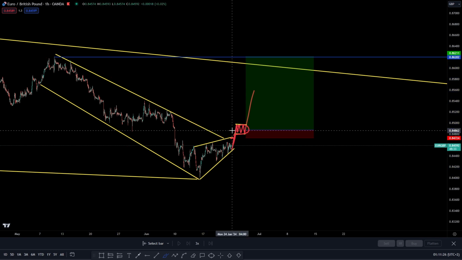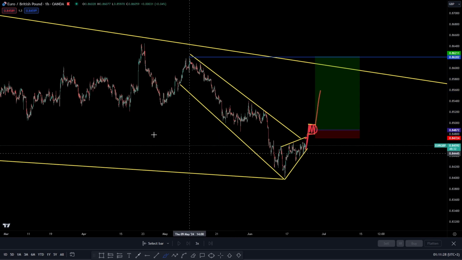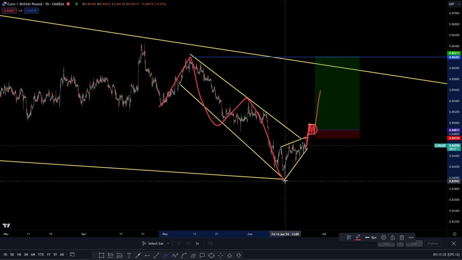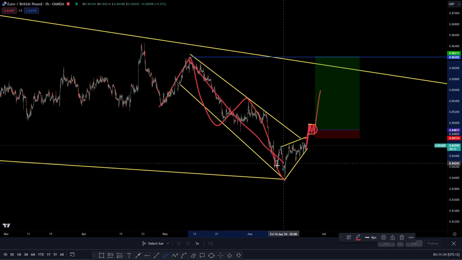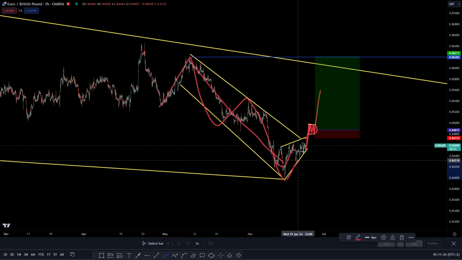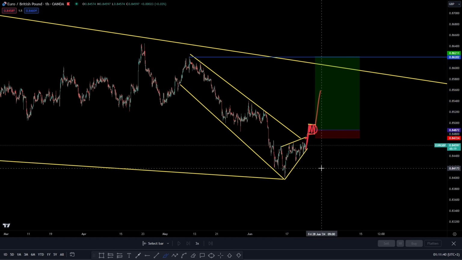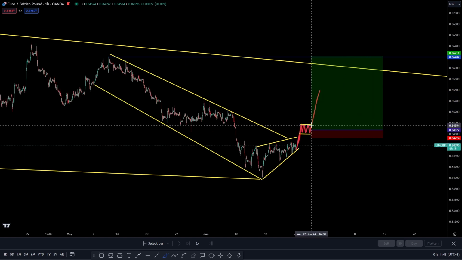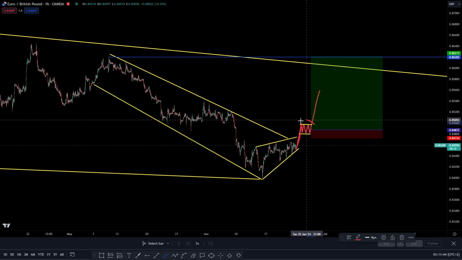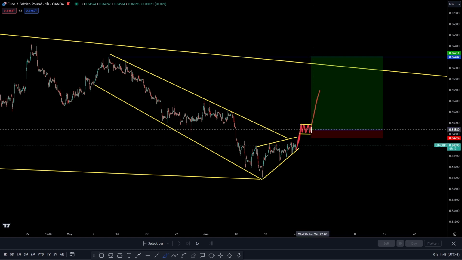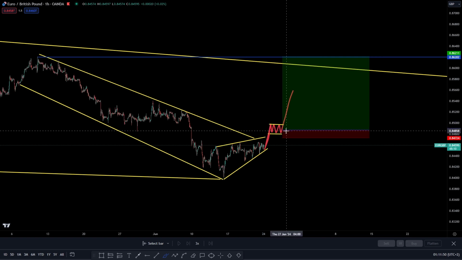Can you see? So it means impulse, 1, 2, 3, correction, the direction of the correction is downwards, meaning we should expect the market to go up. That is why it's better to wait for the market to give you that correction up here, and if you see the nice entry, then take it.